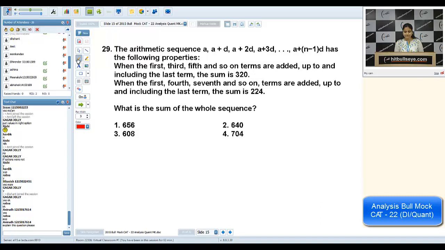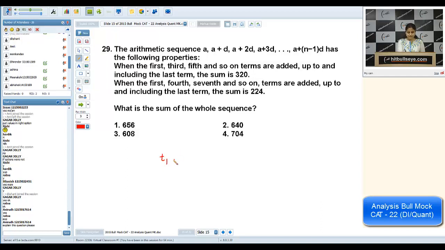Yes, Anirudh, I will. See, when the first, third, fifth and so on terms are added up to and including the last term, the sum is 320. When the first, fourth, seventh and so on terms are added up to and including the last term, the sum is 224 in this case. Okay, we are talking about an AP and we are taking two subsequences.